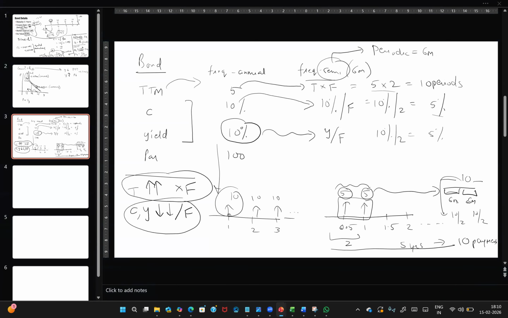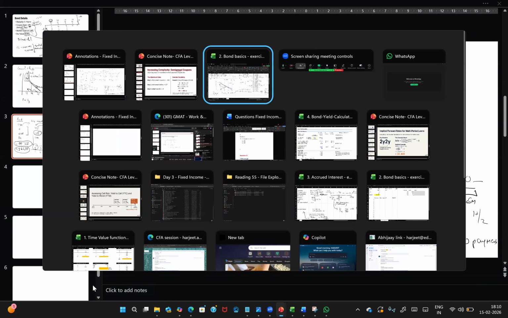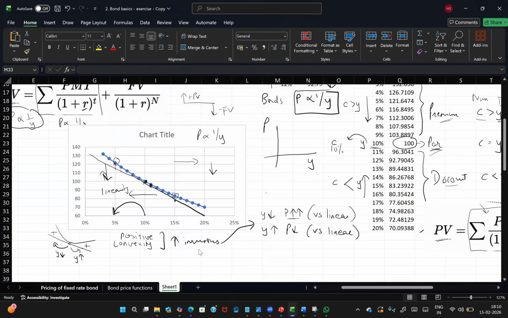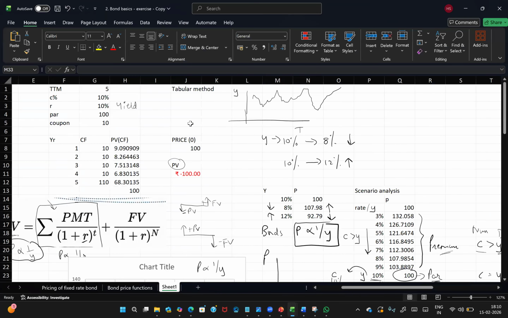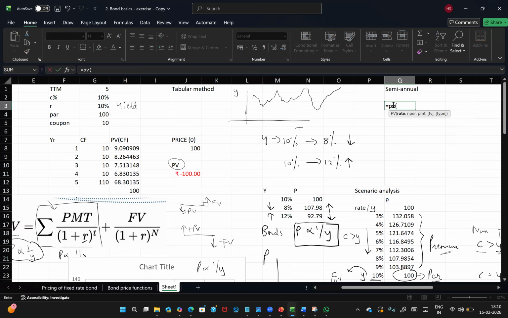So in our case, let's go to the Excel and see how it looks. Here is where I will do semi-annual, and I will use the pricing which we did here. So here I will write PV is equal to rate.